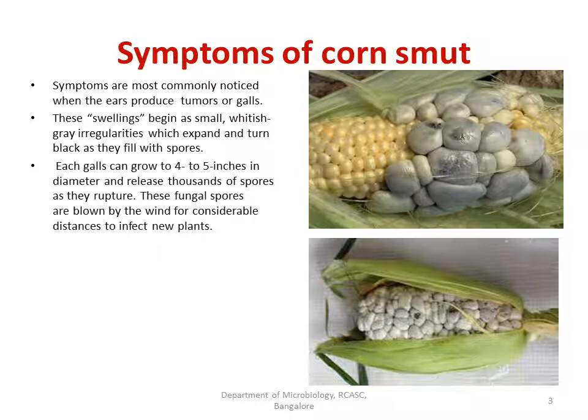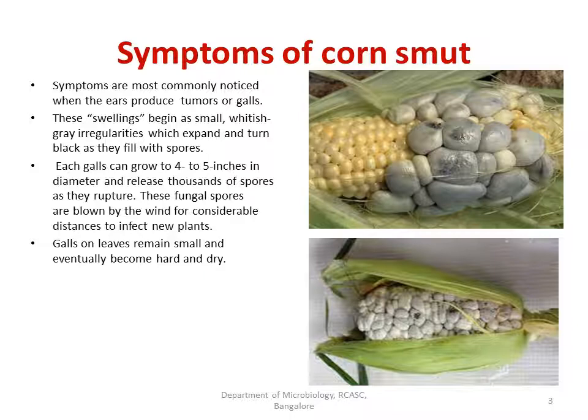Once the spores get accumulated in each of such corn seeds, the outermost wall ruptures and releases a large amount of teliospores or smut spores into the surroundings. These fungal spores are blown by wind for considerable distances, and they can infect new plants.